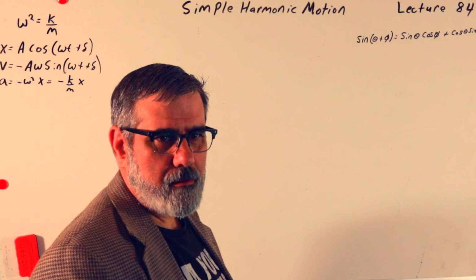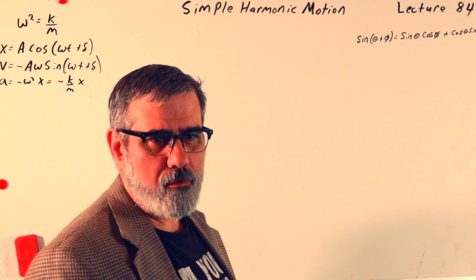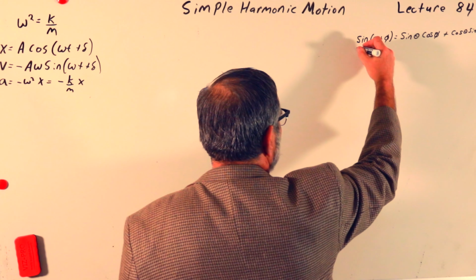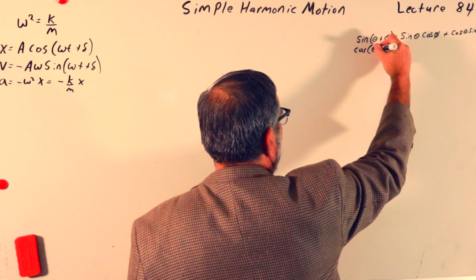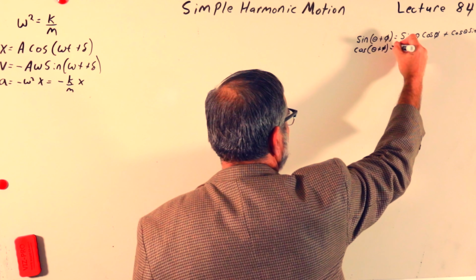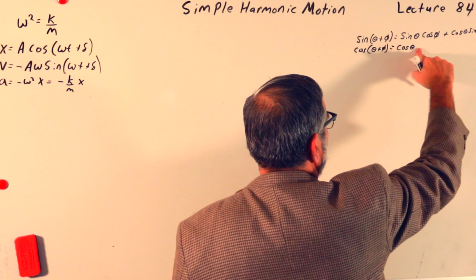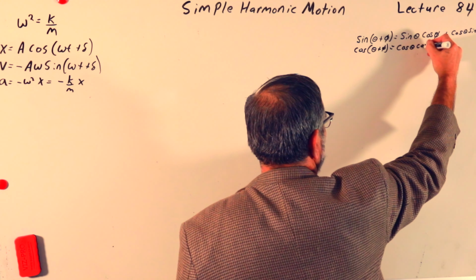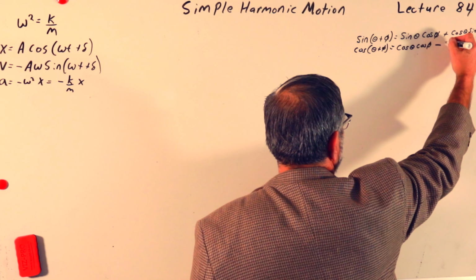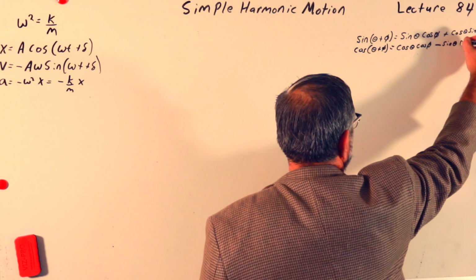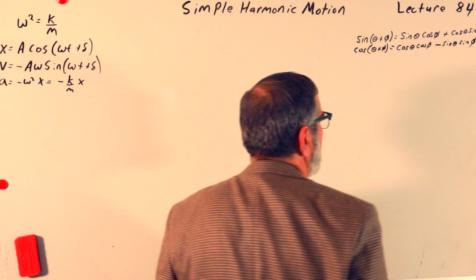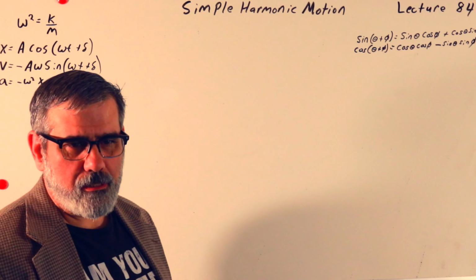Remember that? It's the sum of two angles formula. Also, the cosine of theta plus phi is equal to the cosine of theta times the cosine of phi minus the sine of theta times the sine of phi. Okay? We have these two trig identities that we can use.